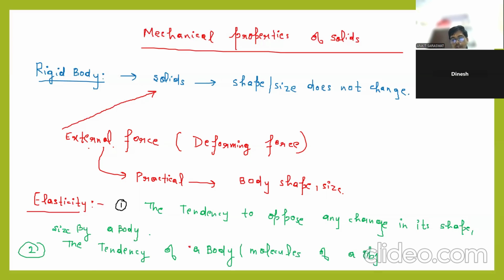There are two definitions of elasticity. The first definition is the tendency to oppose any change in its shape. The more the opposition, the more the elasticity. Clear?